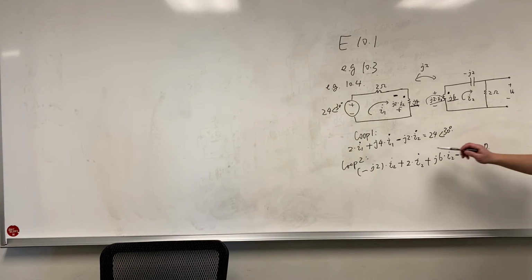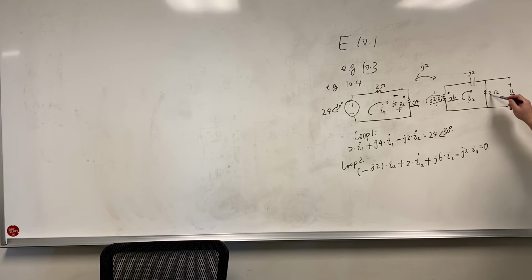And once we obtain I1 and I2, we can easily calculate VO. VO equals I2 times 2.